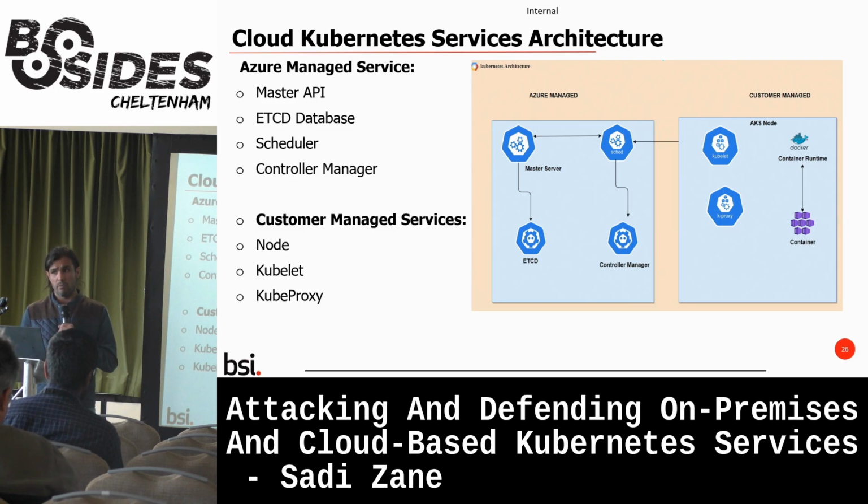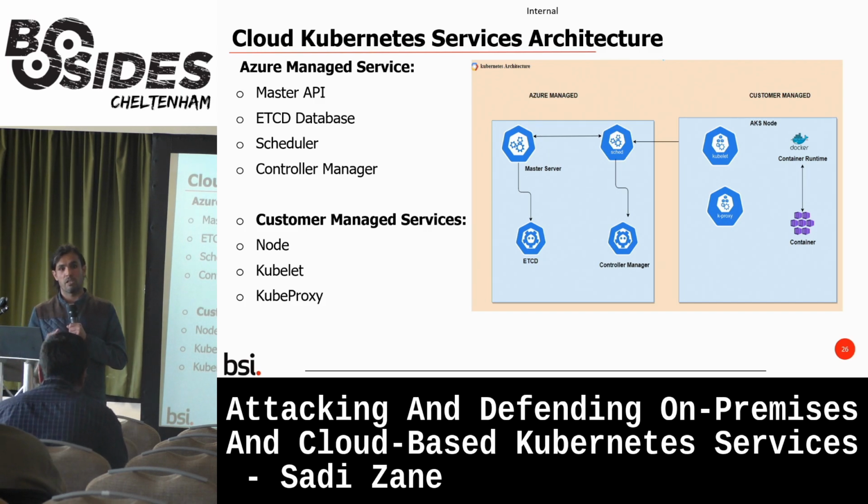So it's a shared responsibility. The cloud provider, Microsoft in this instance, manages all that, but as a customer you're responsible for the AKS nodes. Essentially, the nodes that make up the cluster are your responsibility in terms of security.